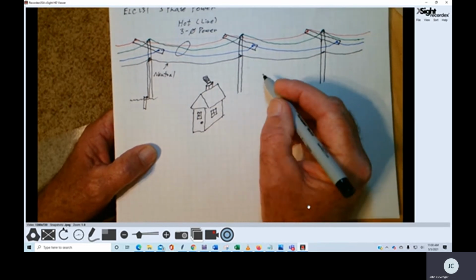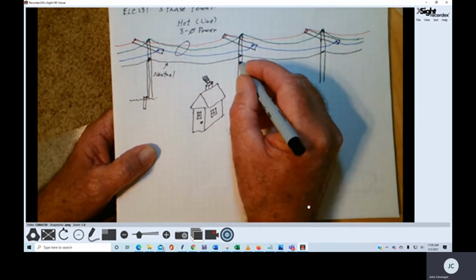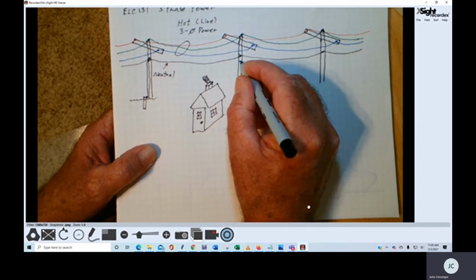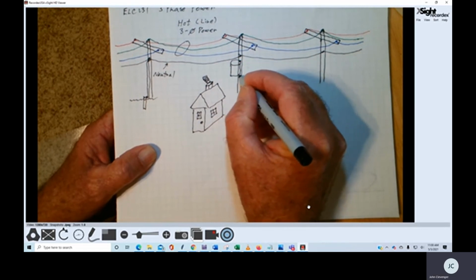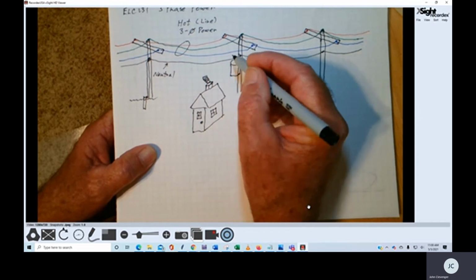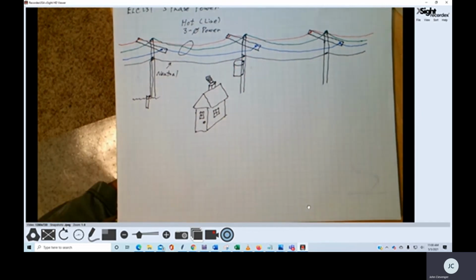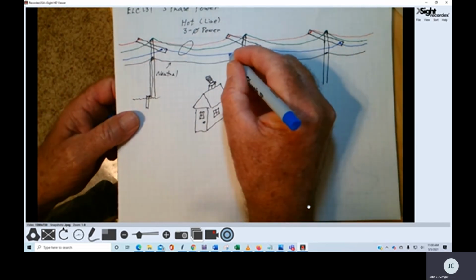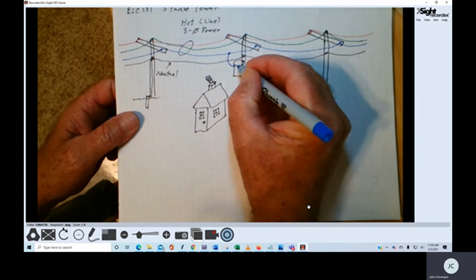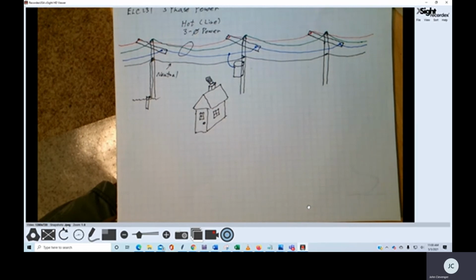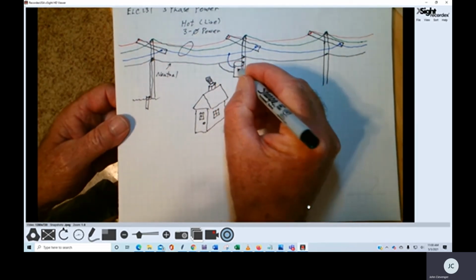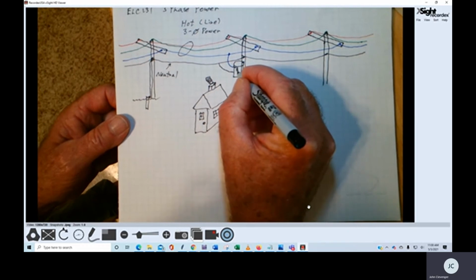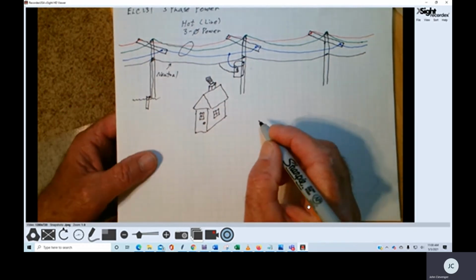So coming into our home, what they do is at the transformer, the big gray can that sits on the side of the power pole, they connect from one of the hot lines, one of the line voltages goes into the transformer along with the neutral. And of course, this is simply the primary of a transformer right here.